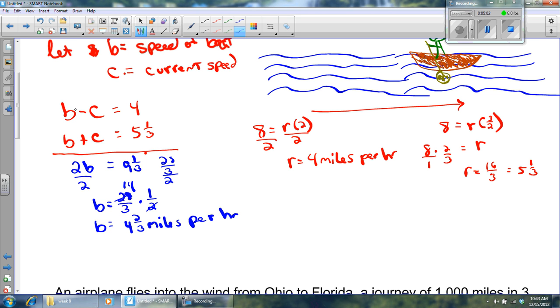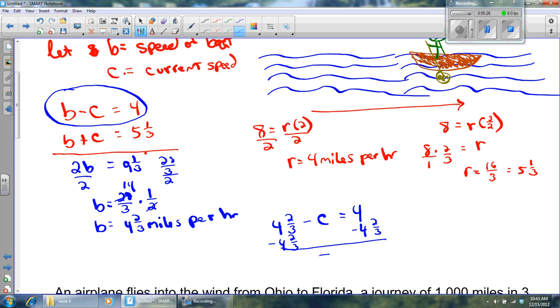All right. Now if I look at this equation right here, I can put 4 2/3 minus C equals 4. And most of you can solve it and say, oh, it's just going to be 2/3. But if you don't see that, we'll go ahead and subtract 4 2/3 from both sides. We're going to get negative C equals negative 2/3.